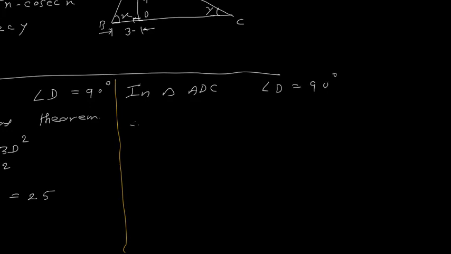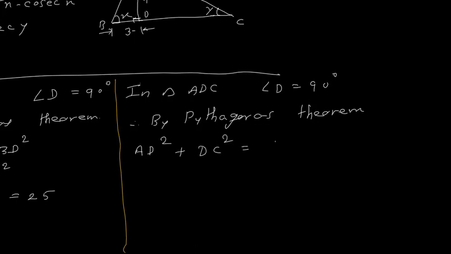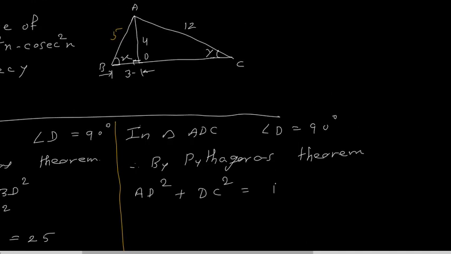Therefore by Pythagoras theorem, AD square plus DC square is equal to AC square.